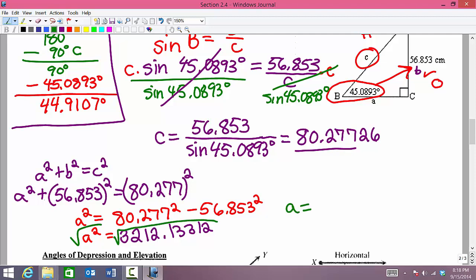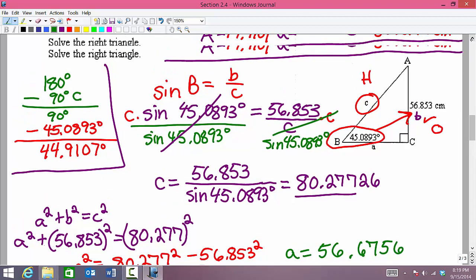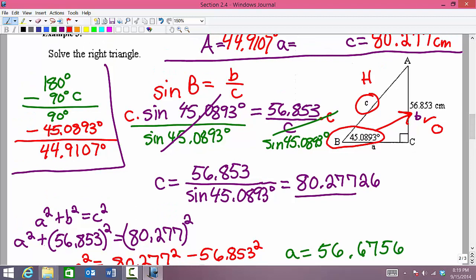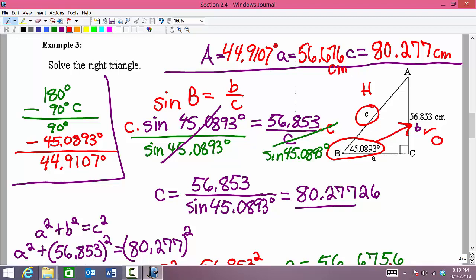We're going to let our calculator do that for us. And I get that a is equal to 56.6756, and we're going to round to the nearest 3 decimal places again. And that would round up to 56.676 centimeters.